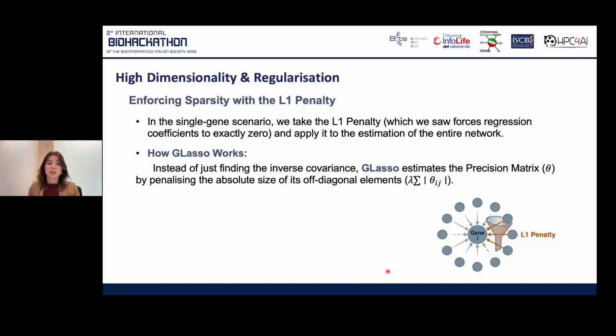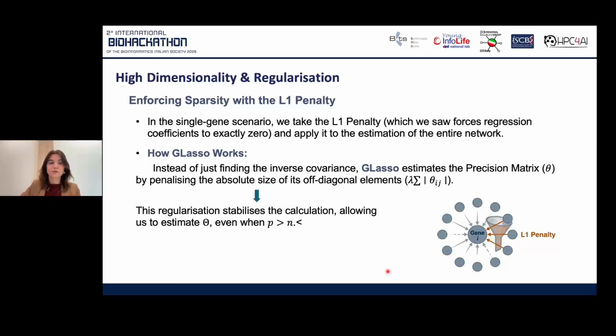Instead of just finding the inverse covariance, G-lasso estimates the precision matrix by penalizing the absolute size of its elements, which means this regularization stabilizes the calculation and will allow us to calculate the precision matrix even in the scenario where the number of predictors is higher than the number of samples.